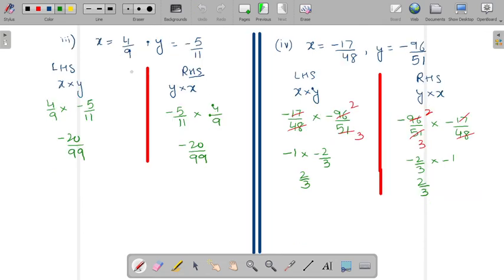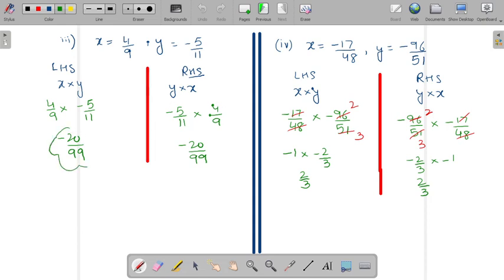Similarly, you can do the third and fourth part. The x value and y value are given. Substitute in both LHS and RHS, in both the parts. So you will get this result. Let's see, can you cancel any term here? Can we convert it in the standard form? No, we can't.